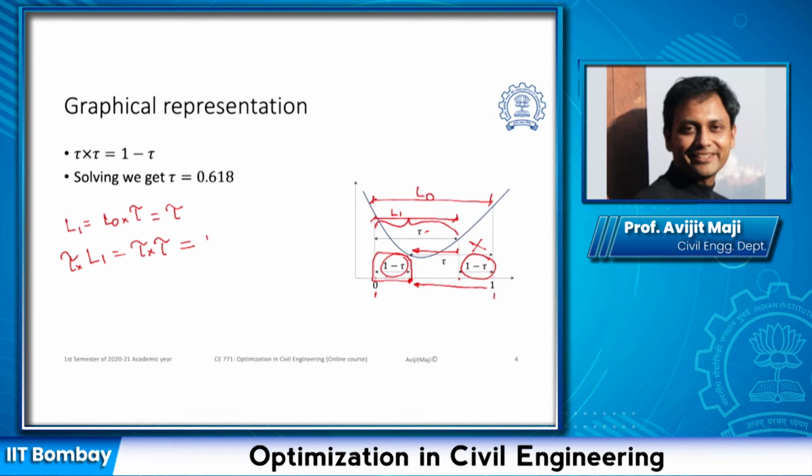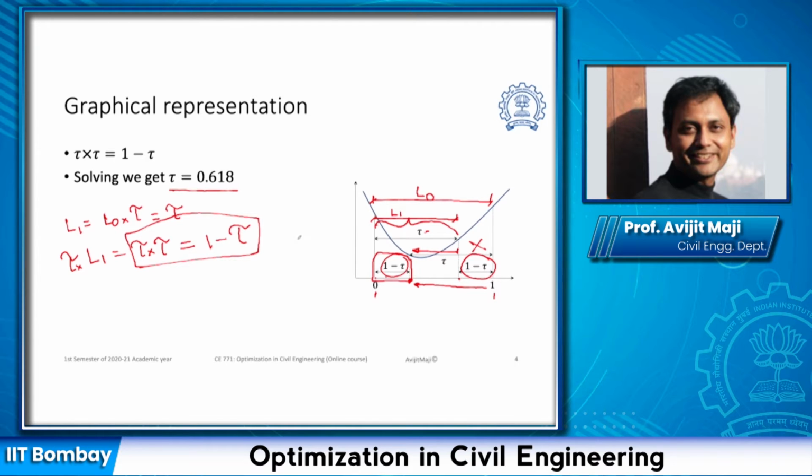If we equate tau squared to 1 minus tau, we get this formula, and if we solve it, we get the tau value as 0.618.